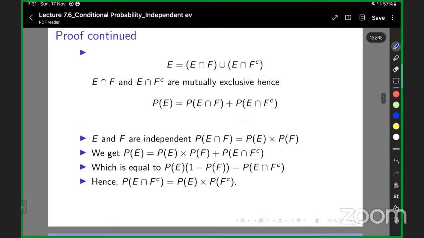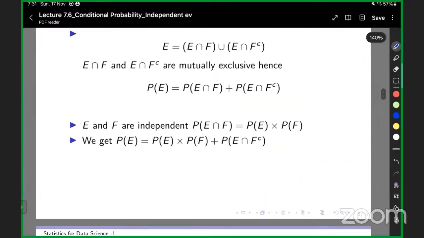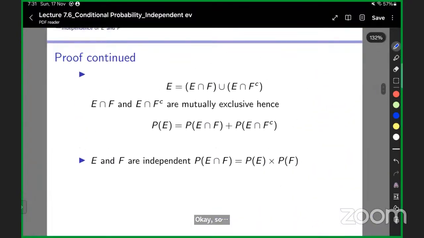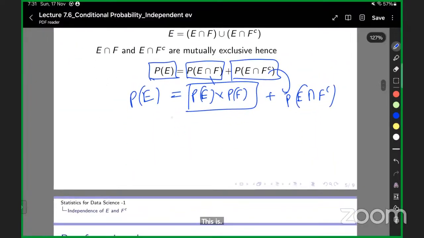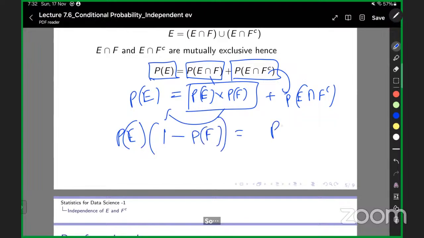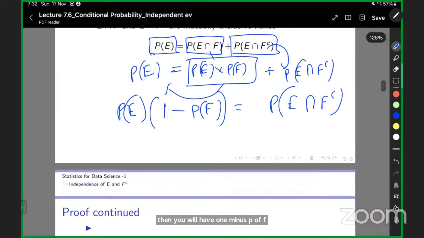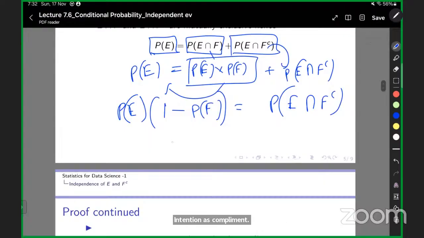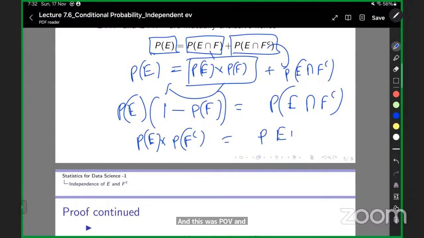This is quite simple, but next what they are doing is actually bringing it to the side. So then you will have 1 minus P of F. Okay? And on this side you will have P of E complement, E intersection F complement, and 1 minus P of F is actually P of F complement, and this was P of E, and that's how you get that.